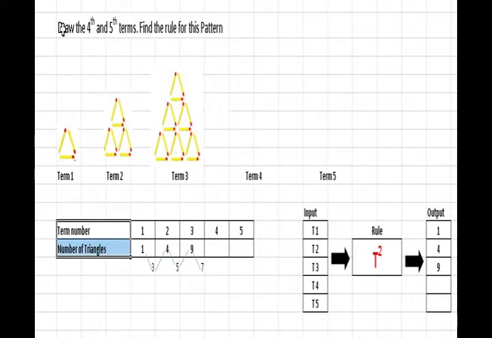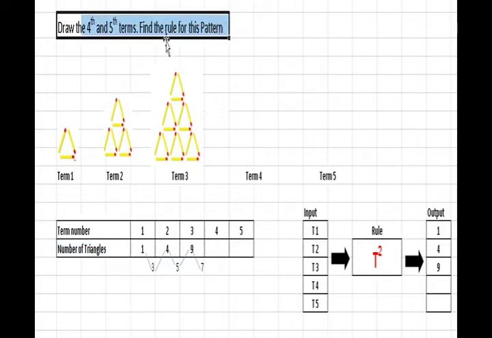The question asks us to draw the fourth and the fifth terms for this pattern and also to find the rule for this pattern. In order to draw the fourth and fifth terms, we need to find a pattern in this pattern. We need to look carefully at what is given.